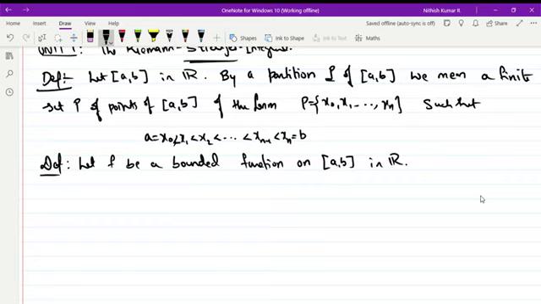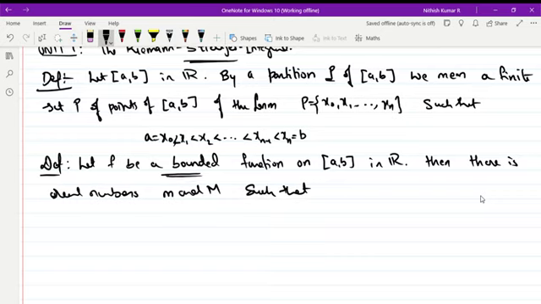Then there exist real numbers small m and capital M such that, using boundedness, m is less than or equal to f(x), which is less than or equal to M, for all x belonging to the closed interval [a, b].